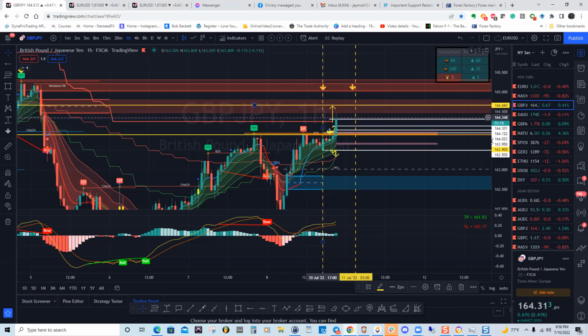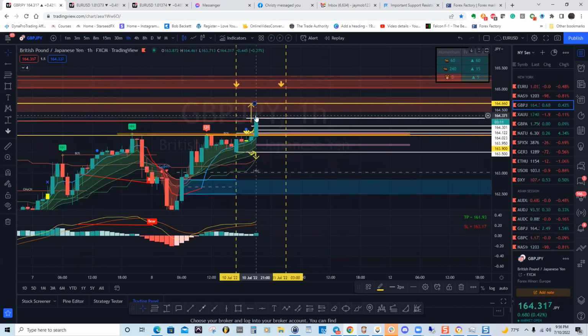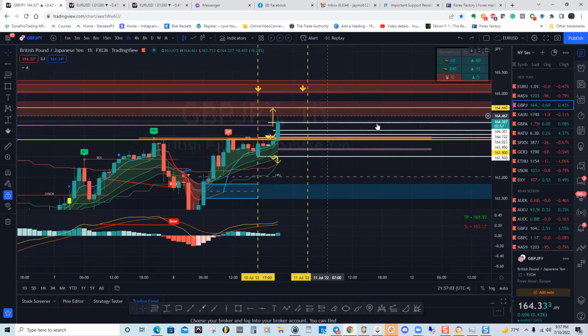You see, that's just a perfect example of what I was talking about, where the wick is wicking right into the red zone of the zone here. See where that zone is there. So it's wicking into this red zone here. So in 2 minutes, let's see what happens.